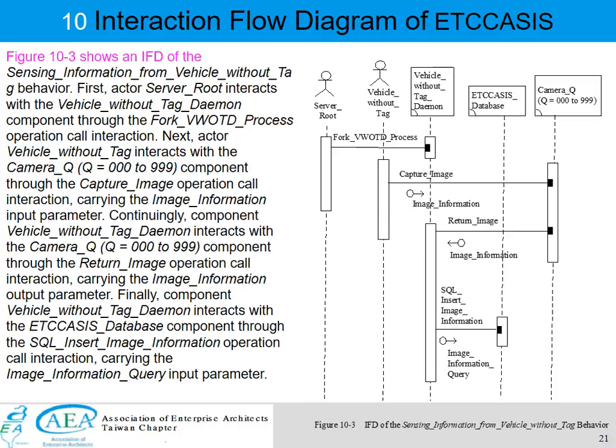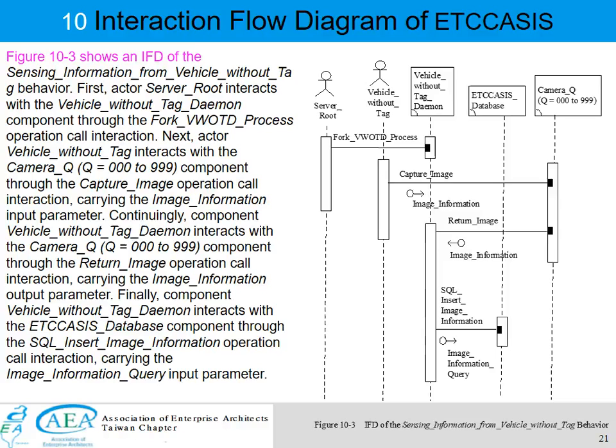Figure 10-3 shows the IFD of the sensing information from vehicle without tag. Once a vehicle has no tag, then we use the camera to capture the information of this vehicle.